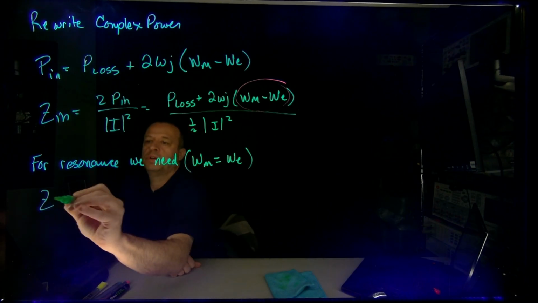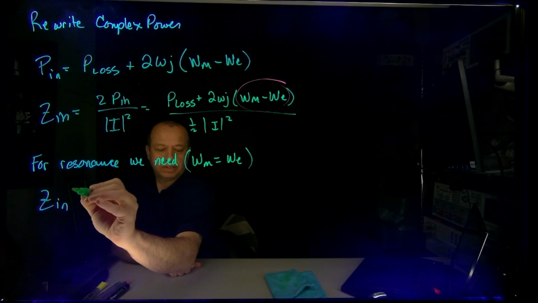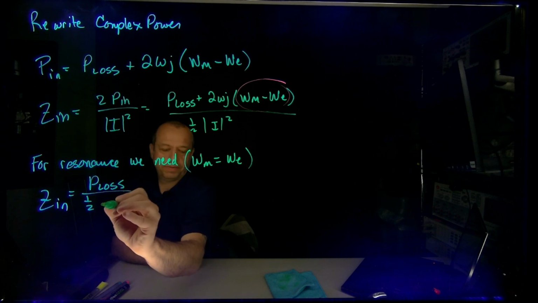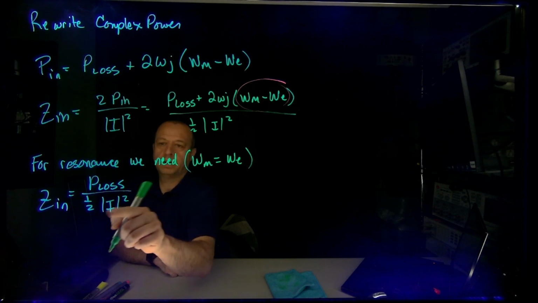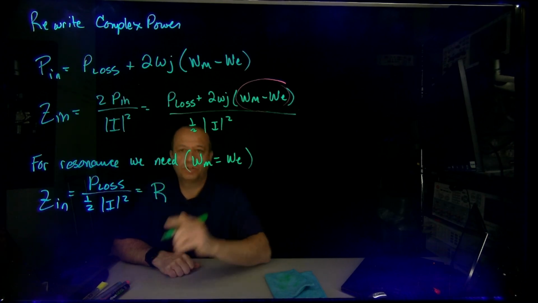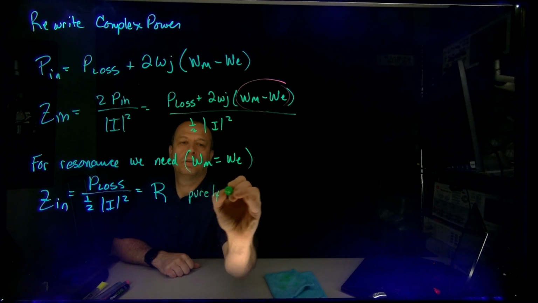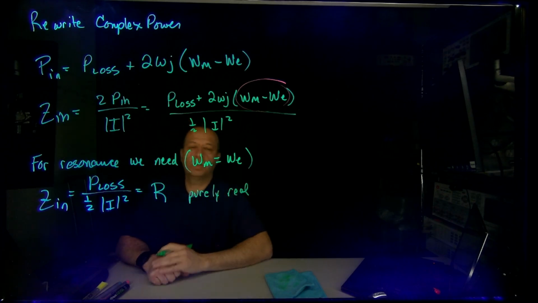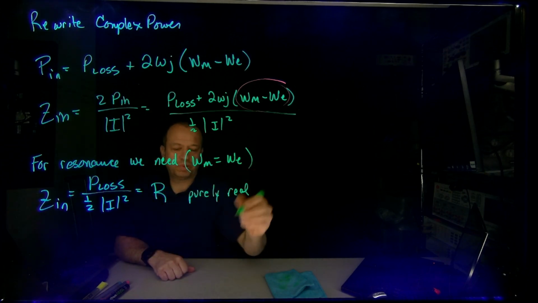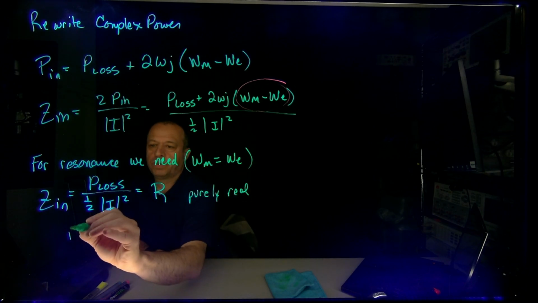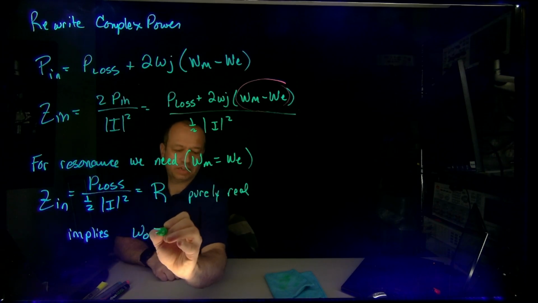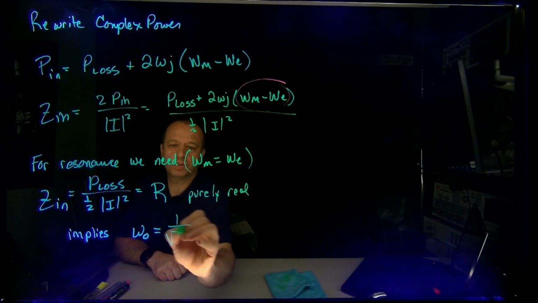Therefore, your input impedance is now our P loss over 1/2 I squared, and this is R. So this is a purely real term. The other thing that this implies is that omega naught is equal to 1 over the square root of LC.